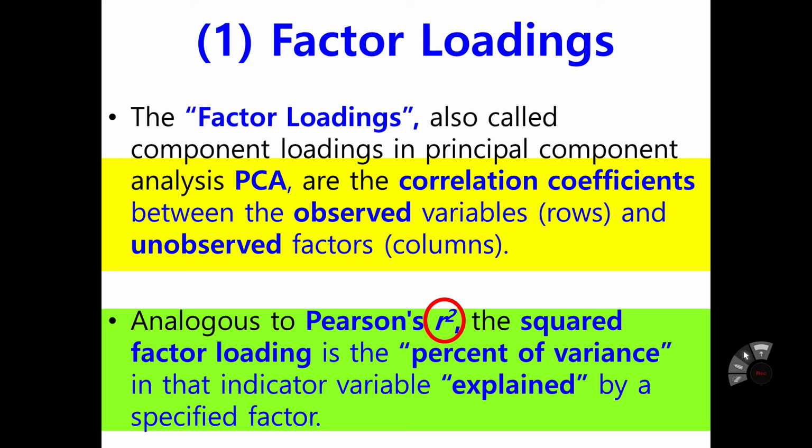Analogous to Pearson's R-squared, the squared factor loading is the percent of variance in the indicator variable explained by specific factors.